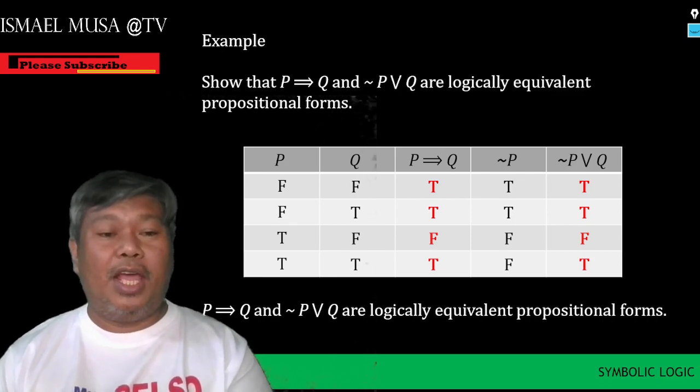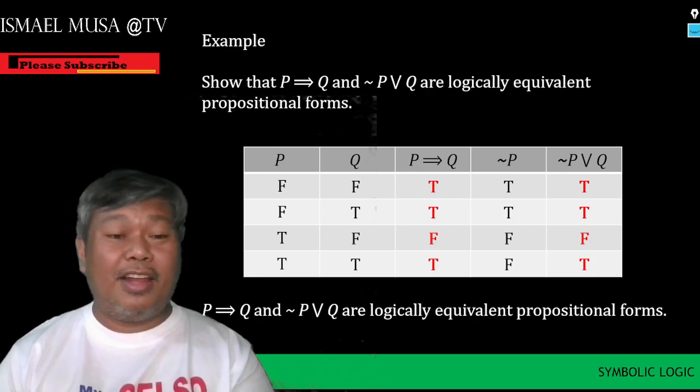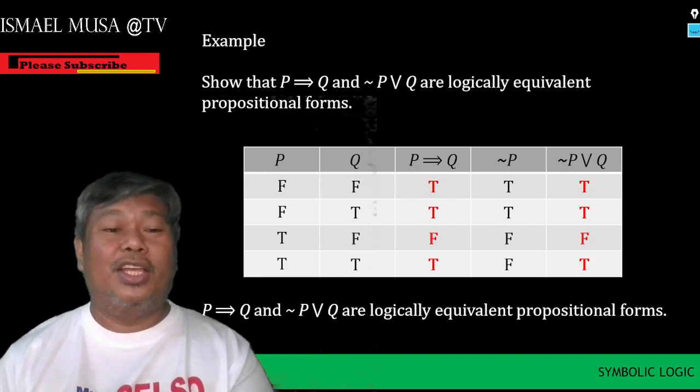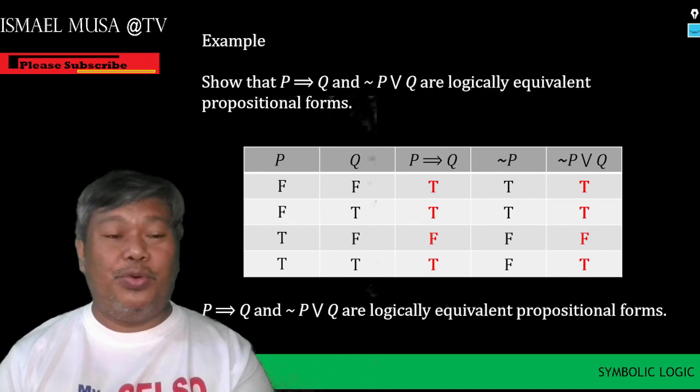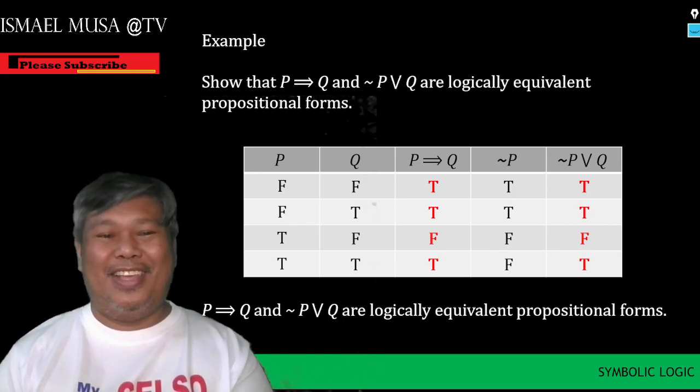Then we have not P or Q. So it becomes true, true, false, false. Try to see the truth values of the two. Are they equal? Yes, the truth assignments are the same. So we say P implies Q and not P or Q are logically equivalent propositional forms.